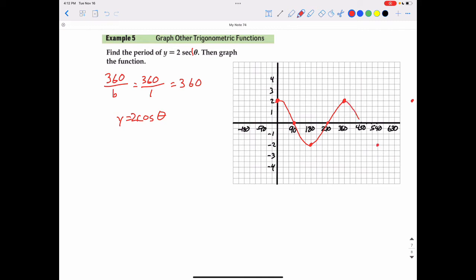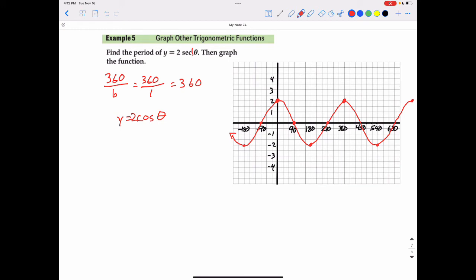And here would be a second full cycle, hitting at 630, then back up. And back on the other side, it's going to hit 90, down to -180, and so on. It's about like that. Now, that is the cosine function, but we're supposed to be graphing the secant function.